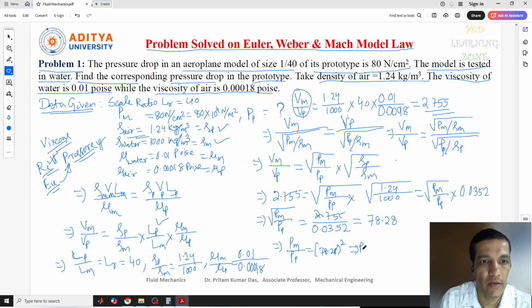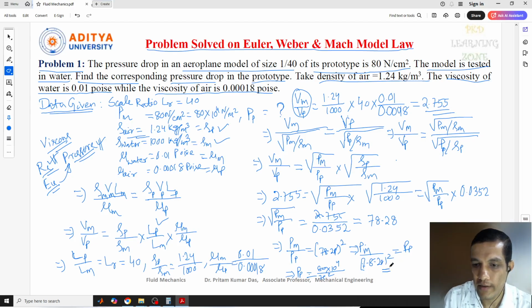So now I'll write this Pm by Pp. One value is given, Pm is given. How much is Pm given? 80. So what I'll do here is Pm divided by this 78.28 square equals Pp, and finally we'll get the value of Pp equal to 80 into 10 to the power 4 divided by this 78 square.